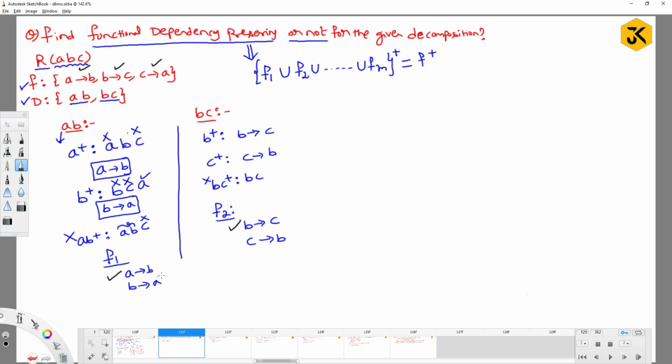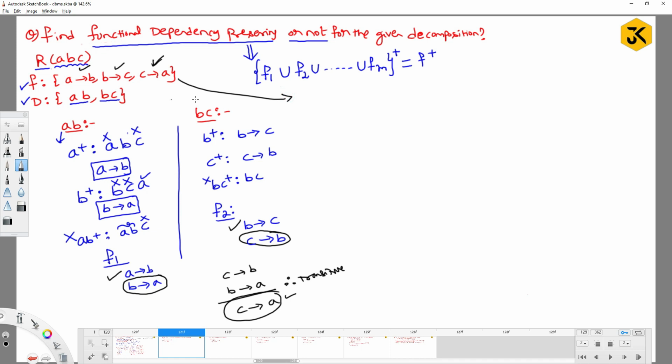But if you take these two in combination, C determines B and B determines A, you are going to get C determines A, meaning that according to the transitive property, we can get C determines A also. So I can say that this decomposition is FD preserving. I hope you understood clearly. Thank you.